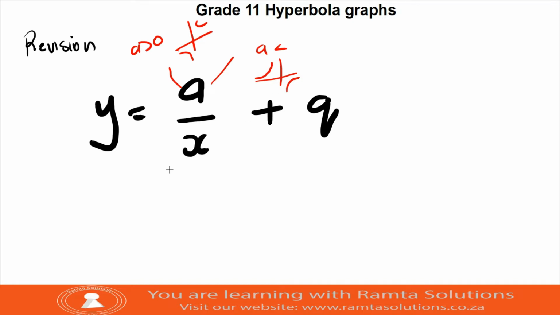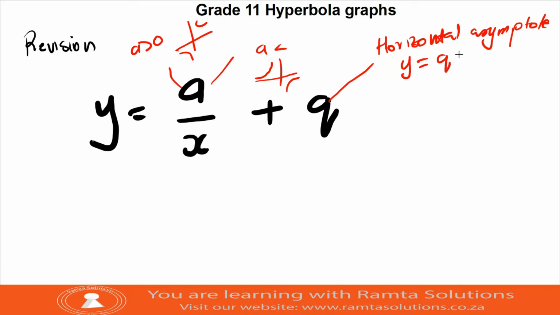And we spoke of this as the horizontal asymptote, which meant y is equal to q. On this line, you will then draw broken lines to say your function does not exist there.